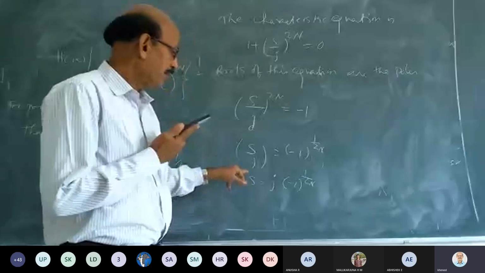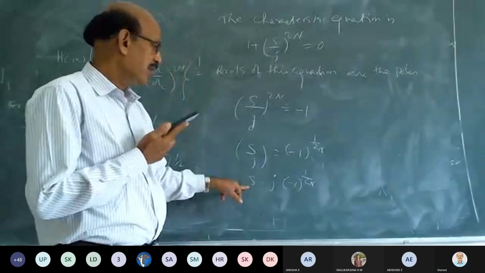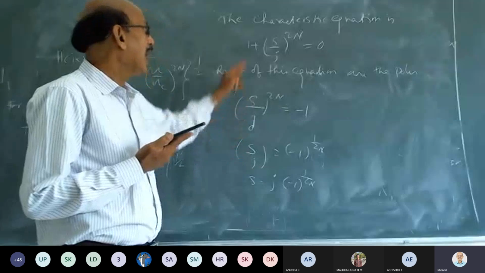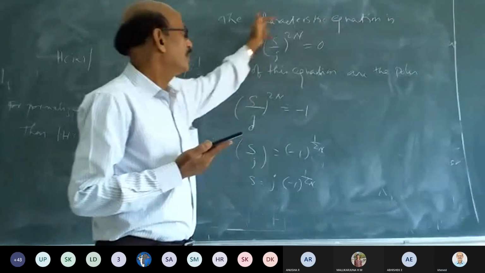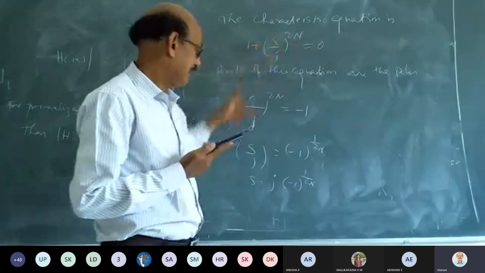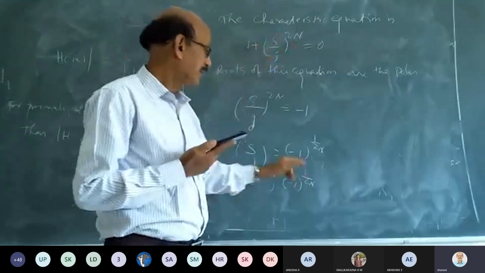So I have many values of s which can satisfy this equation.